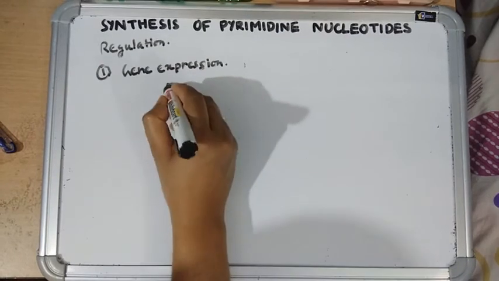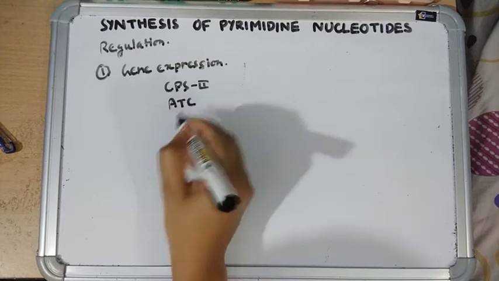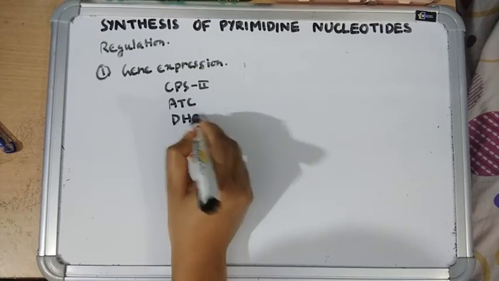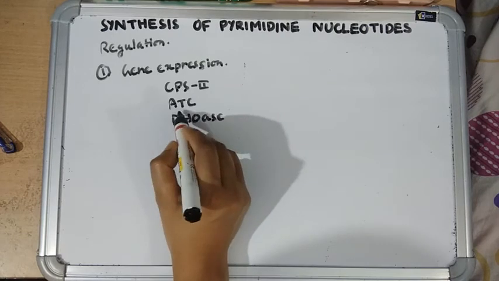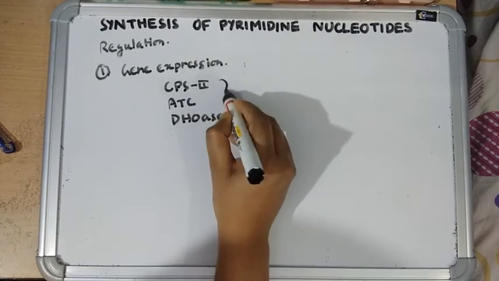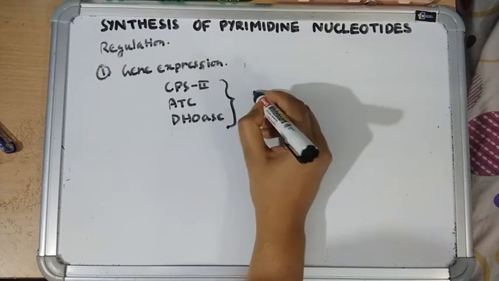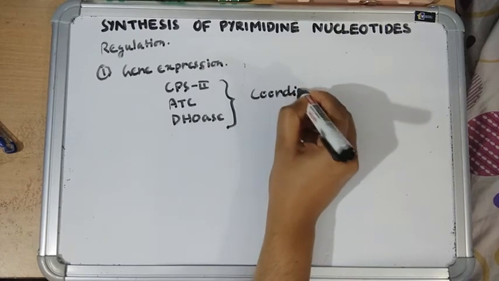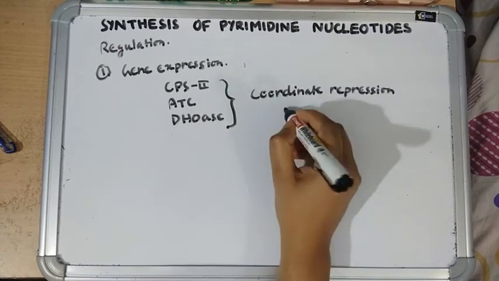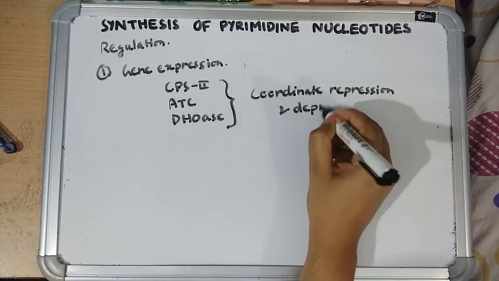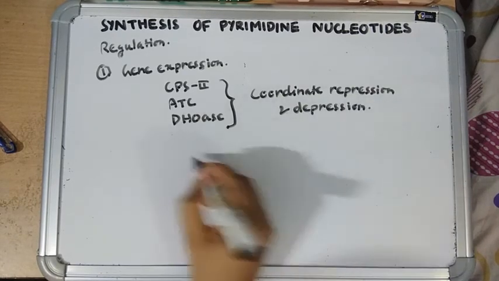So the first three enzymes, carbamyl phosphate synthetase 2, aspartate transcarbamylase, and dihydroorotase, CAD, are part of a multi-enzyme complex and regulated by coordinate repression and de-repression at the gene level.